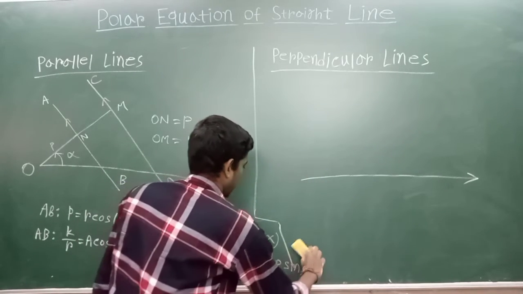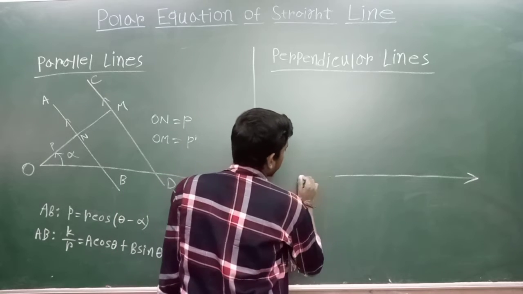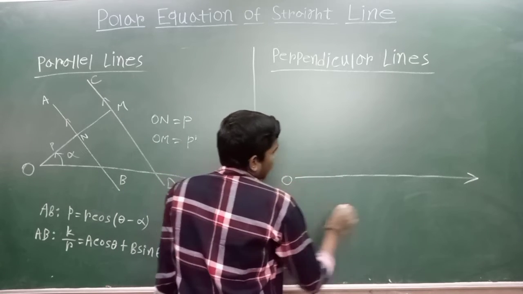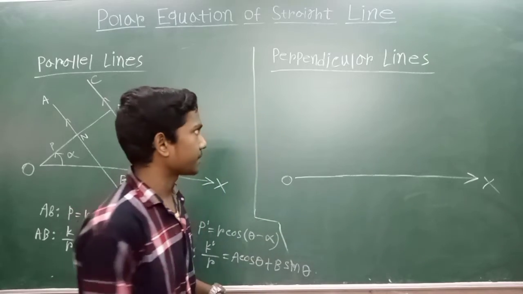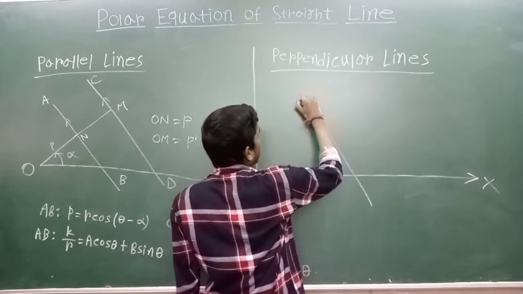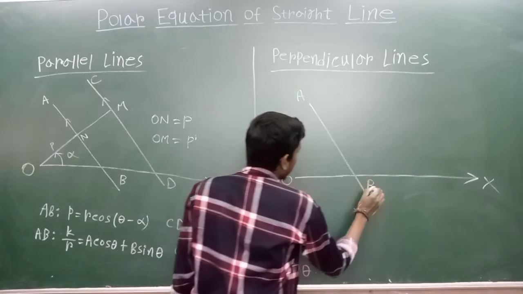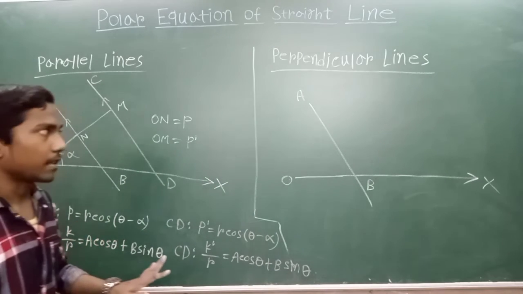OX is the initial line, and the straight line AB is given, whose equation we know is p = r cos(theta minus alpha).